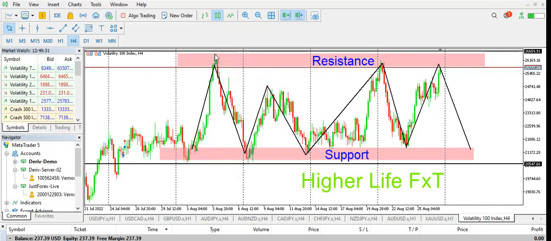So we would sell from here, and when we bounce and come back to support, we would want to buy from support. Why? Because price is now low and on demand. When it is here, it is high, and it is a supply area. We want to sell from here. When we are here, we want to demand, we want to buy and ride up or go up with the trend. So guys, that is all about support and resistance, supply and demand.